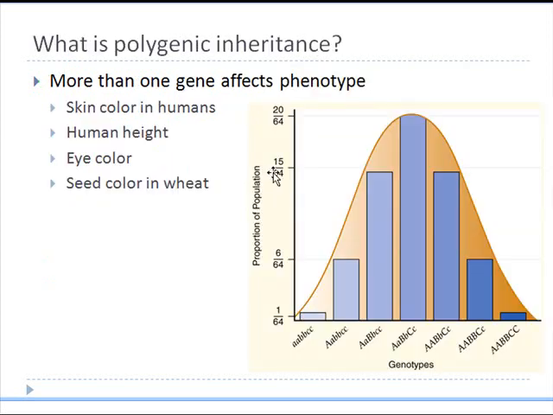Okay, let's go. What is polygenetic inheritance? Polygenetic inheritance means that many genes are producing a trait that is governed by two or more sets of alleles, and in reality, that is the real fact. Skin colors in humans, human height, the eye color, the seed color in wheat.